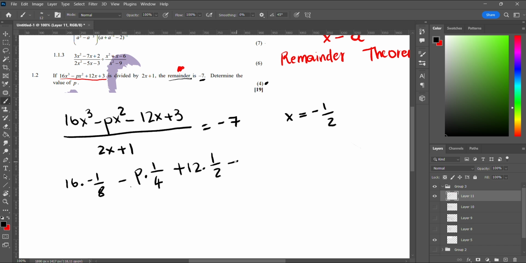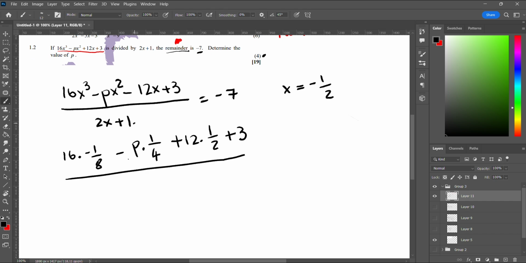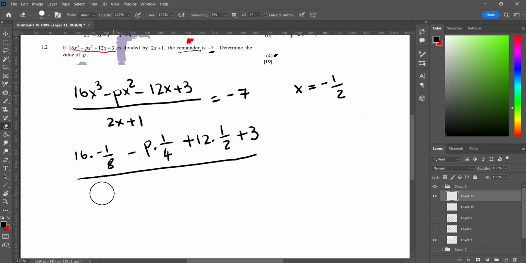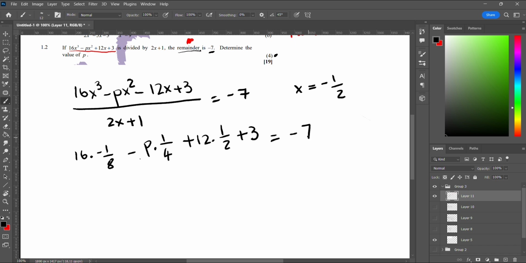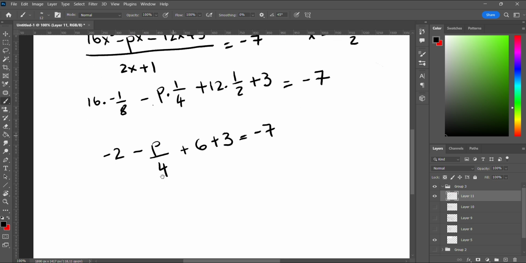I'm already substituting for the stuff. Yeah, sorry, so we don't need the equals minus 7. So we have 2, so minus 2 minus p over 4 plus 6 plus 3 equal to minus 7.